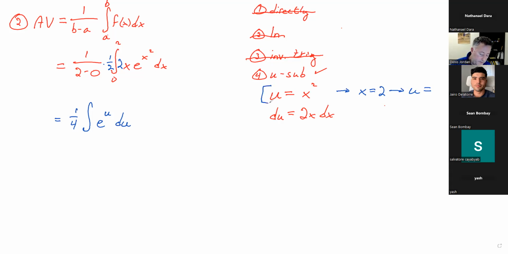Four. So that's my upper bound. And when x is equal to 0, u is also 0. So that's my lower bound.